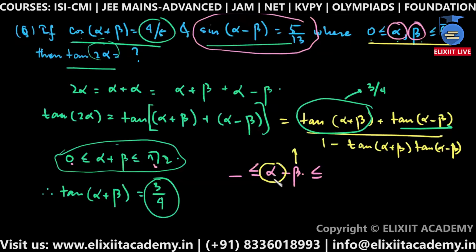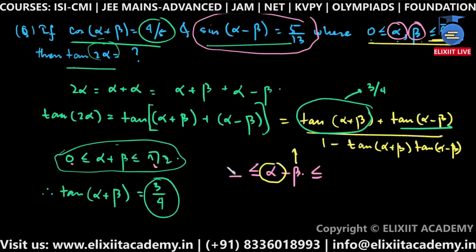Right? What I'm trying to say is, to obtain the minimum value of alpha minus beta, when alpha is small and beta is bigger, then you will obtain the minimum value. Small means it becomes 0. If alpha is 0, beta is bigger. In this case, at most beta is pi by 4.